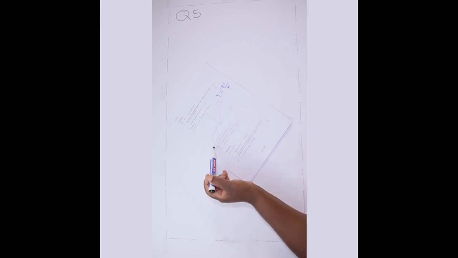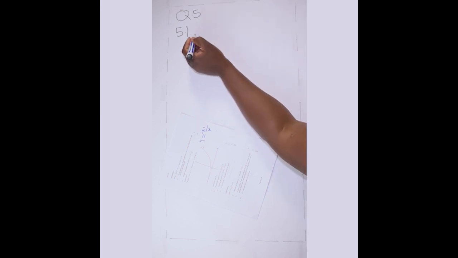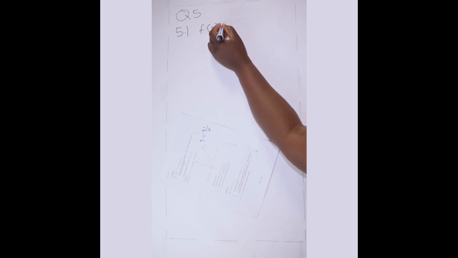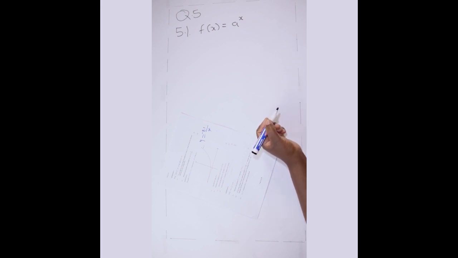In 5.1, calculate the value of a. You already have been given a point, so it is not that difficult to calculate the value of a. Let's copy the equation down. f of x equals a to the exponent x, and bear in mind that your value of a must be positive and greater than 1. It cannot be 1, but it has to be greater than 1.